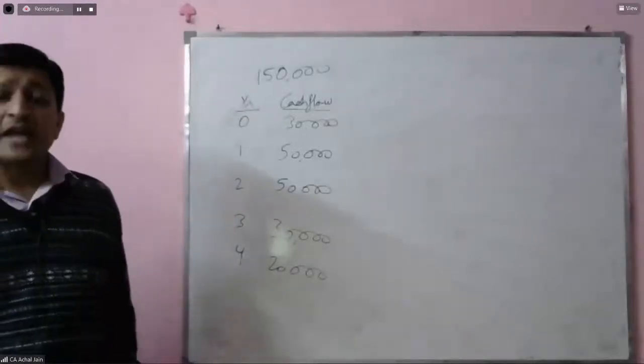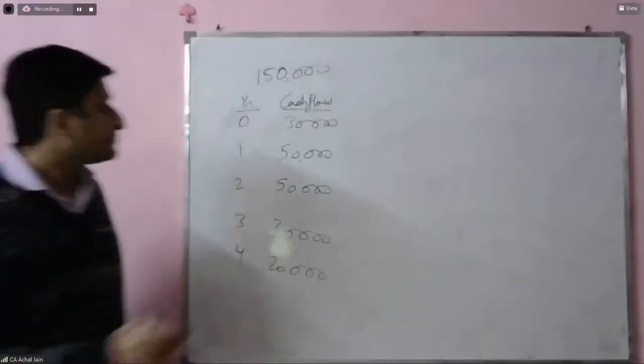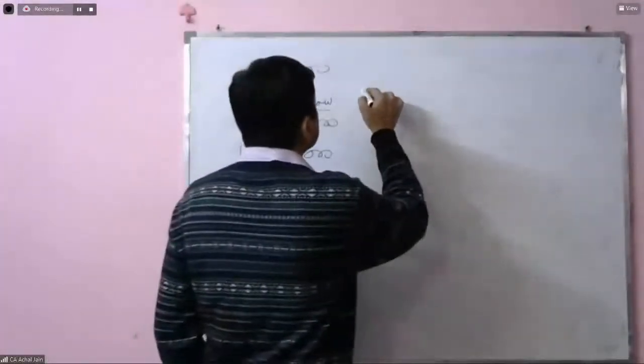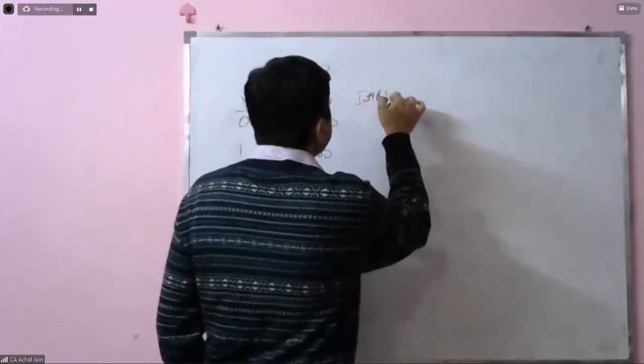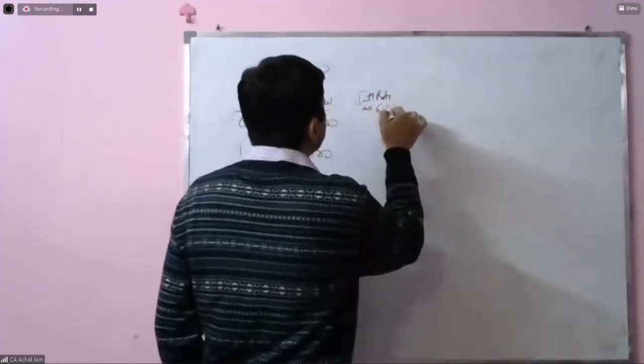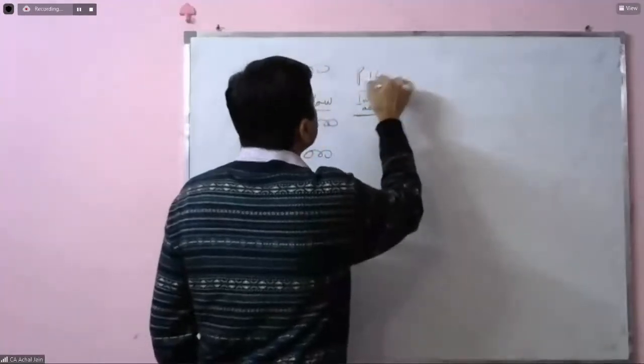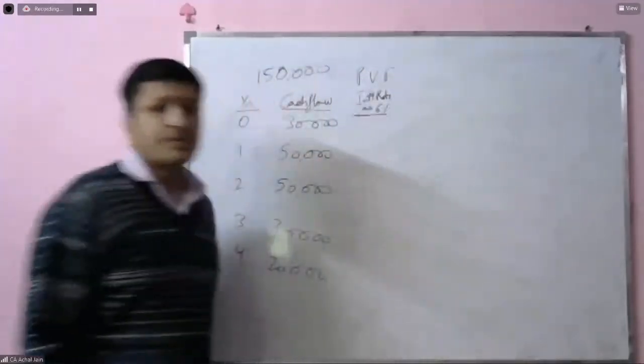So let's suppose I think about 6%. I have taken the interest rate as 6%. On this 6%, I will compute the PV factor.